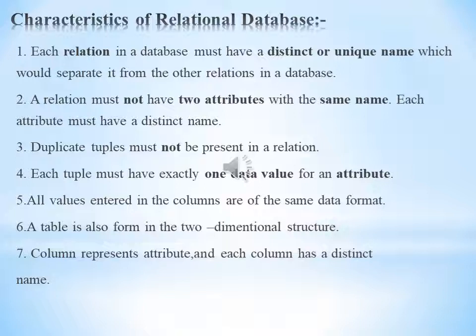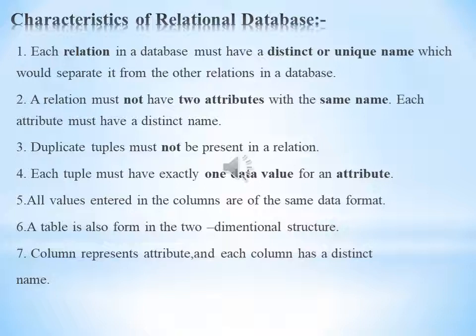Third, duplicate tuples must not be present in a relation. Fourth, each tuple must have exactly one data value for an attribute. Fifth, all values entered in a column are of the same data format. Sixth, a table is formed in a two-dimensional structure. Number 7, a column represents the attribute and each column has a distinct name.